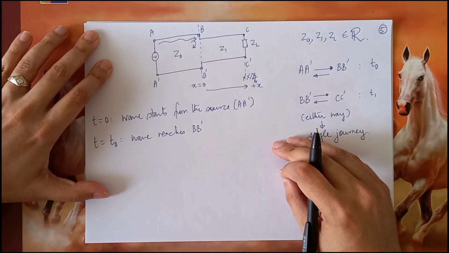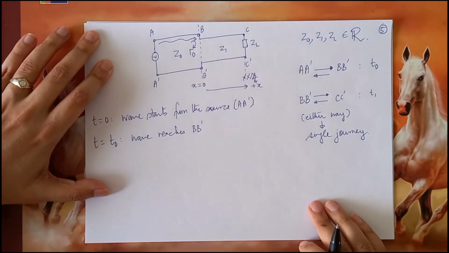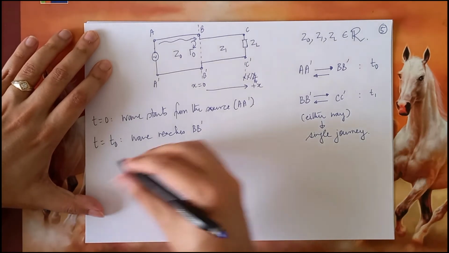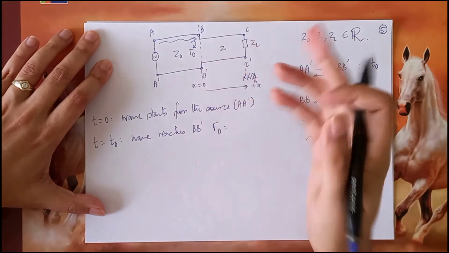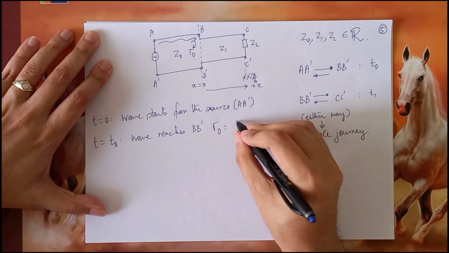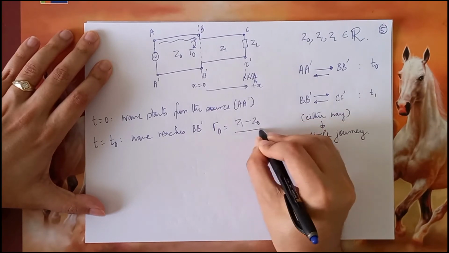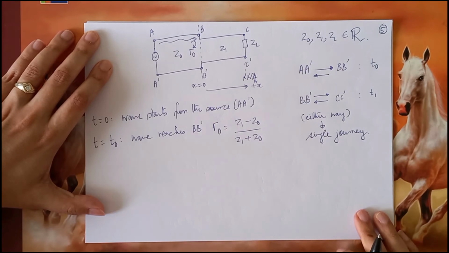So let us say that this reflection coefficient is gamma 0. So what will gamma 0 be? It is the formula for load reflection coefficient, and at this point the load is Z1. So Z1 minus Z0 divided by Z1 plus Z0. Right?